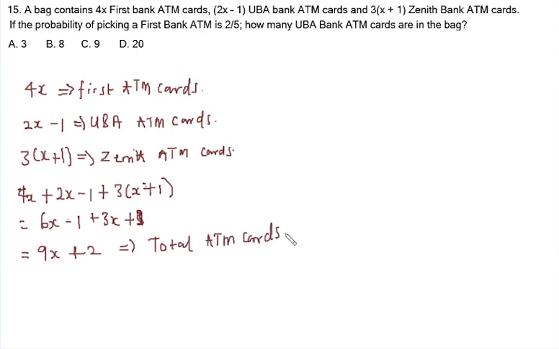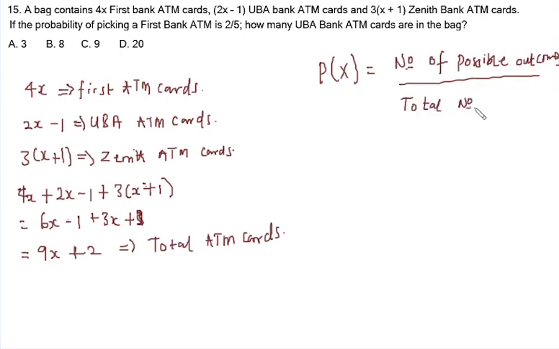So if you notice, we have an issue. We do not know the value of x, but the question provides a way to find it. It says the probability of picking a First Bank ATM is 2 over 5. Probability of an event happening is number of possible outcomes over total number of outcomes.